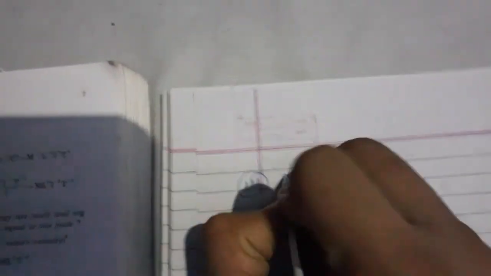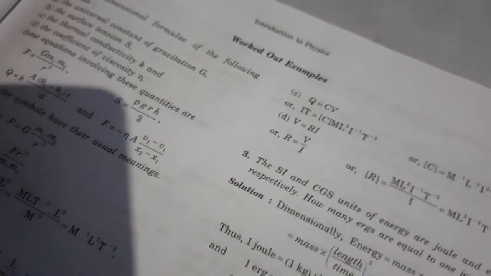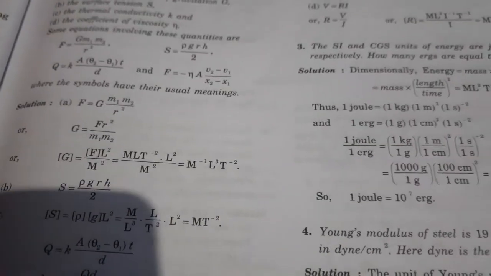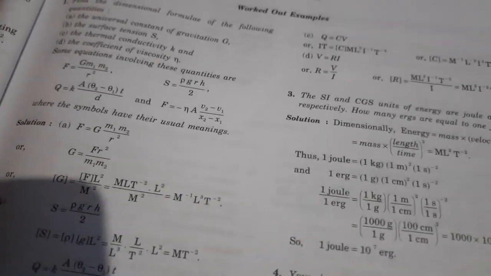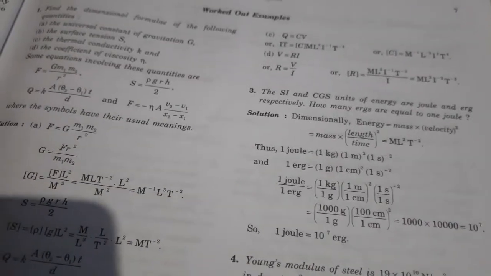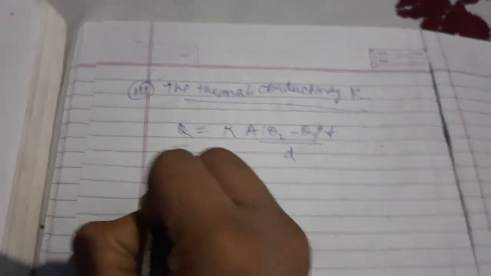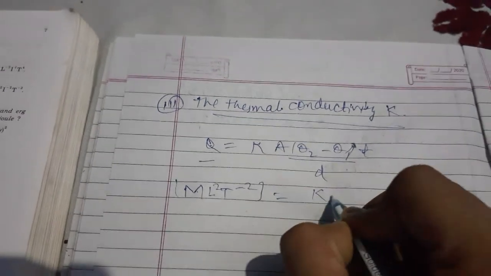Now the third question, that is thermal conductivity K, whose formula is given here, that is Q equals K A (theta 2 minus theta 1) T by D. Here Q is the heat energy whose dimension is M L square T minus 2, and K is what we have to find.